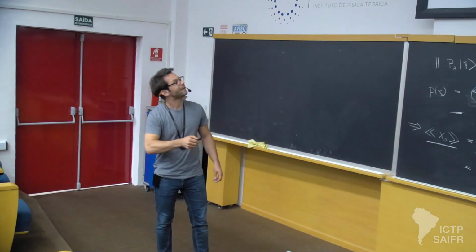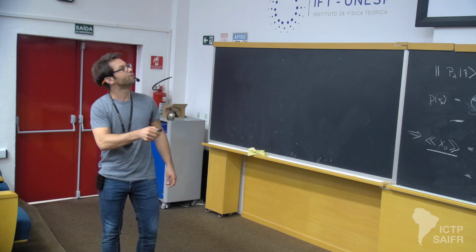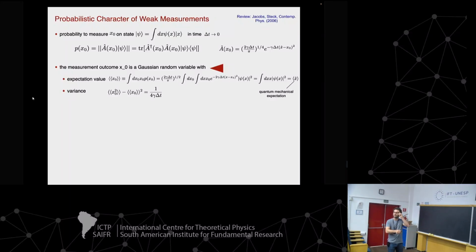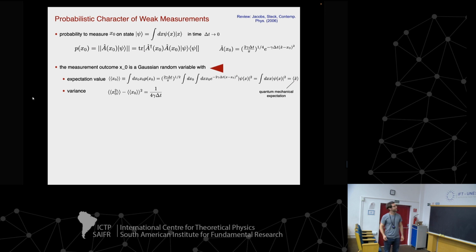Now you can go on and compute the variance. If you have followed this calculation, I think it's easy to read off. It's the same argument. The variance is essentially 1 over twice this quantity here. With these properties in mind, we have an expression for the expectation value of x naught and for the variance of x naught.